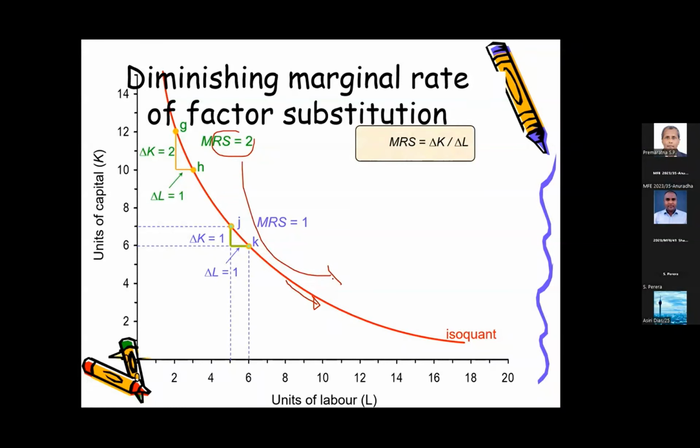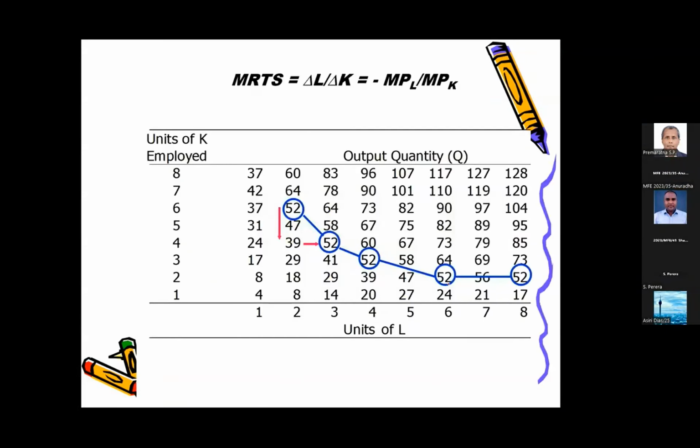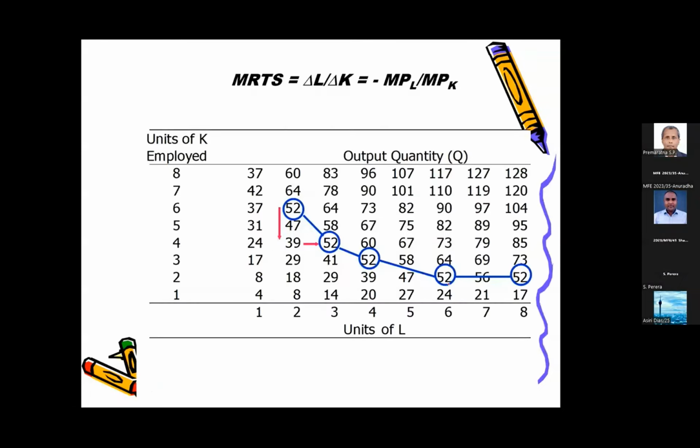Now, what we are trying to understand right now is how to measure this MRTS, and how to look at the law of diminishing marginal returns. Look at the table we saw before, where 52 is the production. There you can measure MRTS at different places.